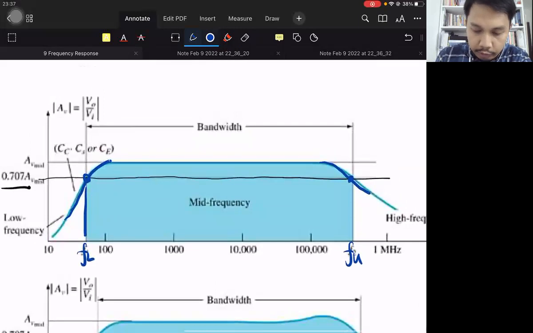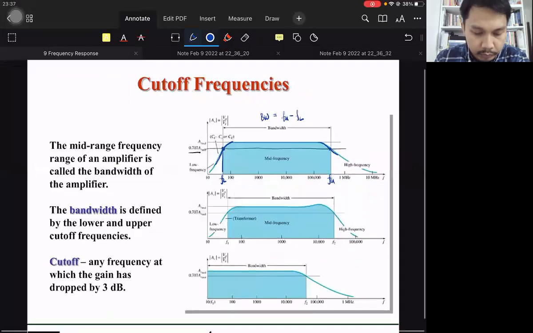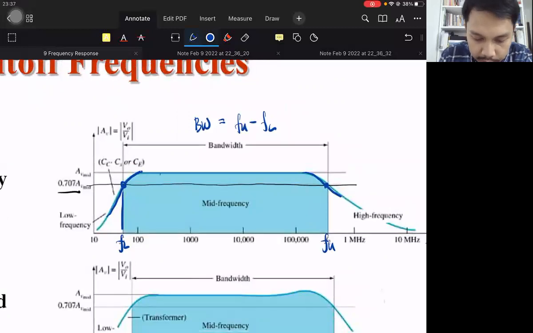So based on the two cutoff frequencies, this is where we will also measure the bandwidth. Okay, this one, bandwidth. Bandwidth is just the difference between the upper limit cutoff frequency and the lower limit cutoff frequency. So this is the mid-range. Again, how will we define the mid-range?